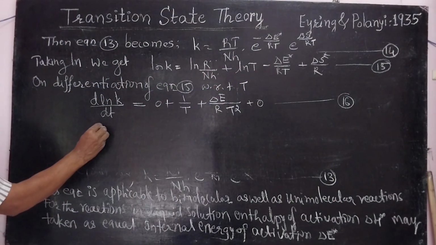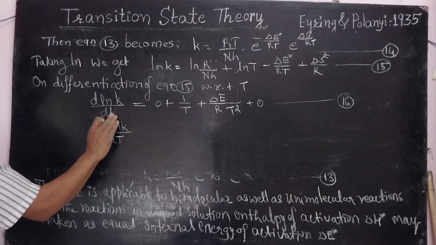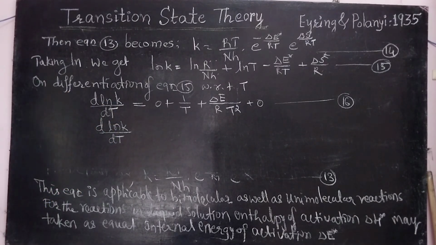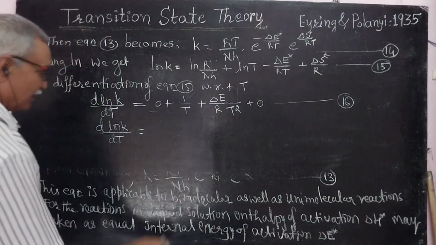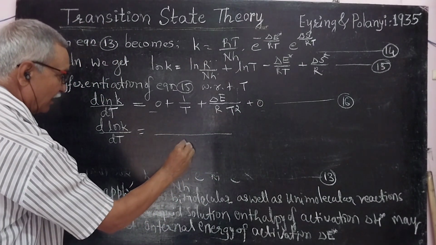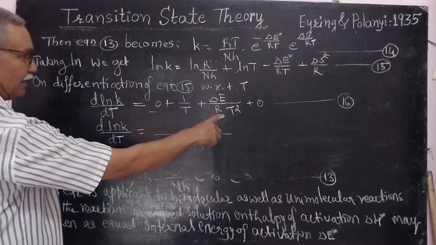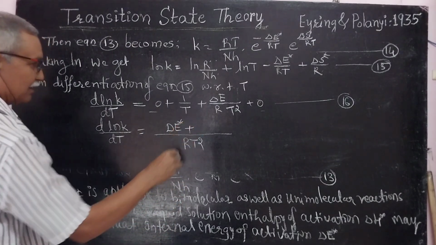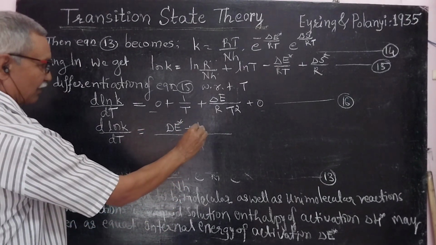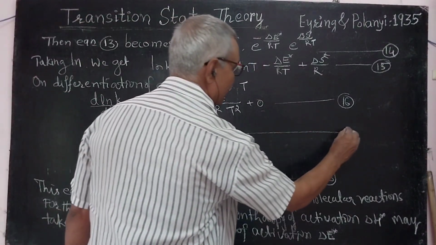This equation becomes d ln k divided by dT equal to, taking RT square as common, delta E star plus RT divided by RT square. That is equation 17.